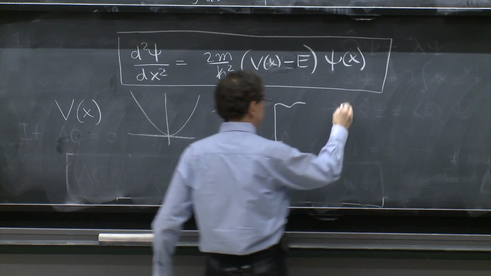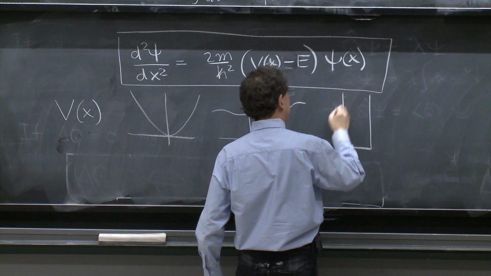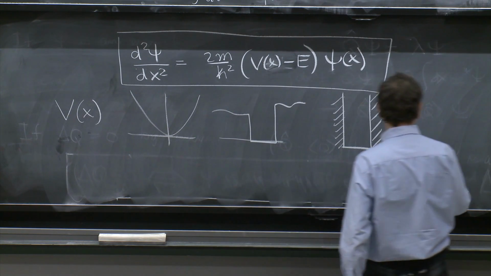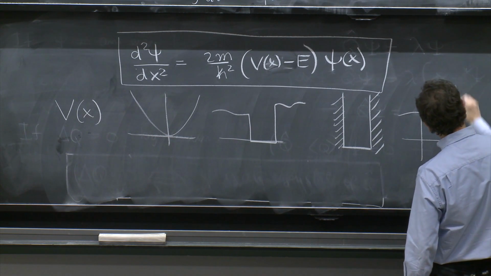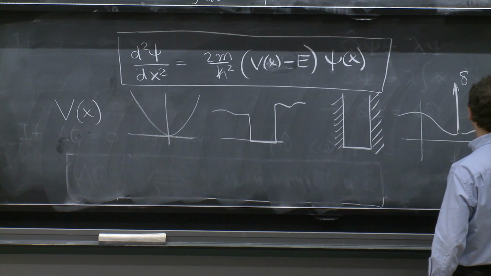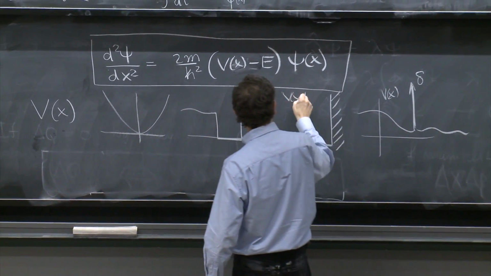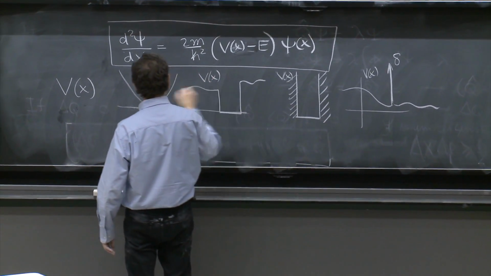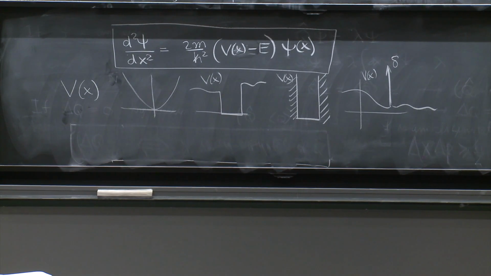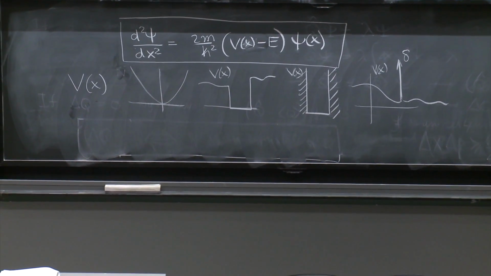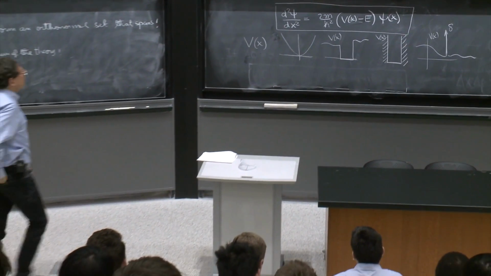It may have infinite jumps, like a potential that is a complete barrier, or it may have delta functions. All these are possible V of x. In fact, the potential can be as strange as you want, depending on what problems you want to solve.